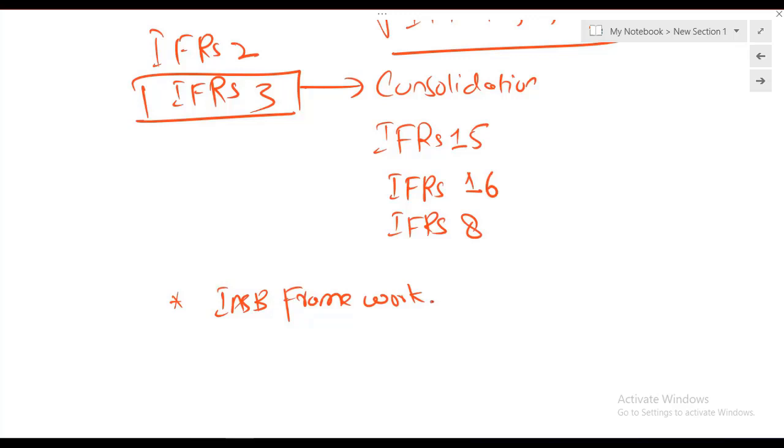You need to get a really good concept. The concept is, whenever the treatment of an IAS or even an IFRS is different from the conceptual framework, then we always follow the IASs or IFRSs. Then we don't follow the conceptual framework. But we need to study the conceptual framework, and we'll be studying the conceptual framework throughout the syllabus. Okay. Another thing which we need to study is the current issues.